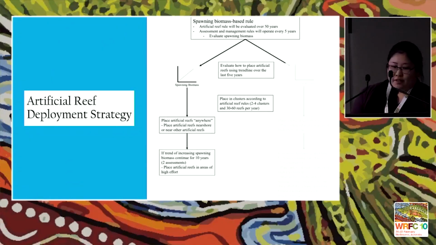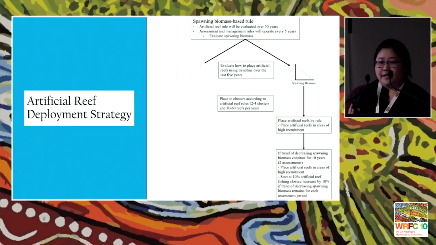And if the trend keeps continuing, then you could place them in areas of high effort, and that's determined by the operating model. But if the spawning biomass is decreasing, artificial reefs have to be placed in areas of high recruitment. And if this trend keeps continuing, then we start implementing artificial reef fishing closures by increasing them at 10% every time it keeps decreasing.